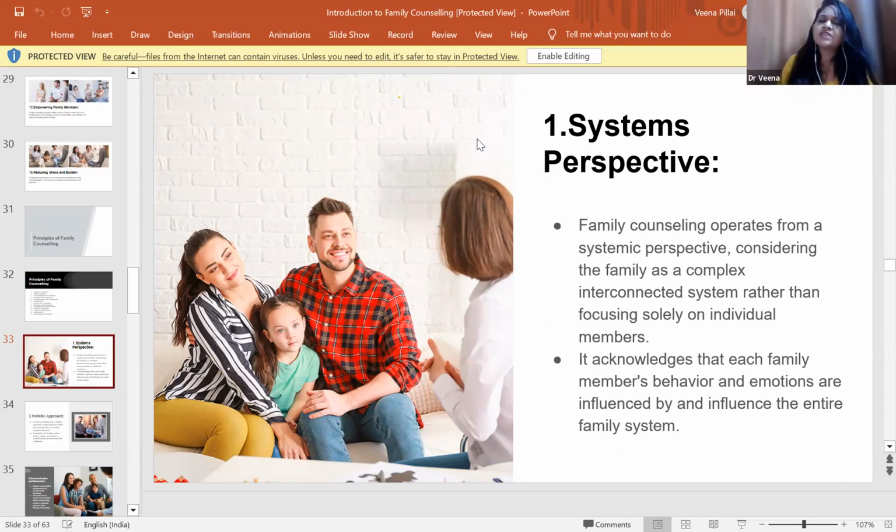It also acknowledges that each family member's behavior and emotions are influenced by, and can influence, the entire family system. So the impact would be on the whole family, not like, oh, one person of the family is affected, how is it going to make any difference. So even one person's behavior or emotions is going to impact the entire family.